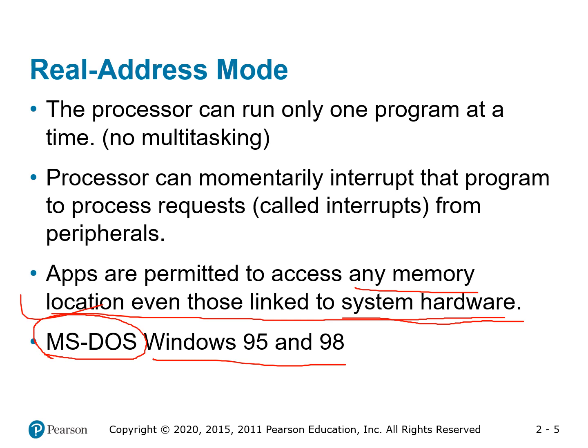So it would boot up in real address mode, and then it would switch to protected mode. So Windows 95 and 98 were multitasking operating systems. But you could not open a ton of applications because it would slow down your system, but that had to do more with the memory, how much memory it had.